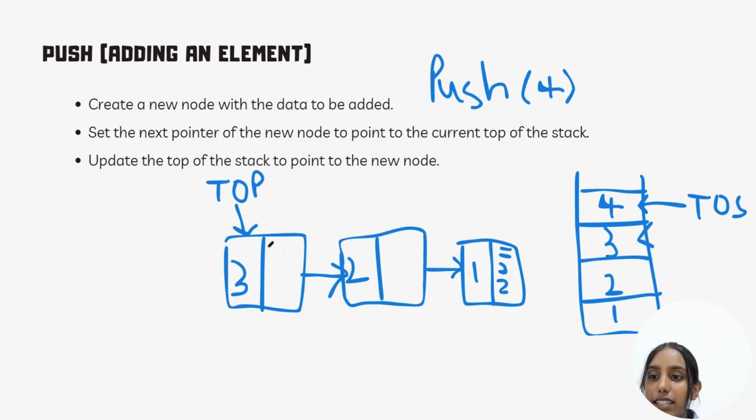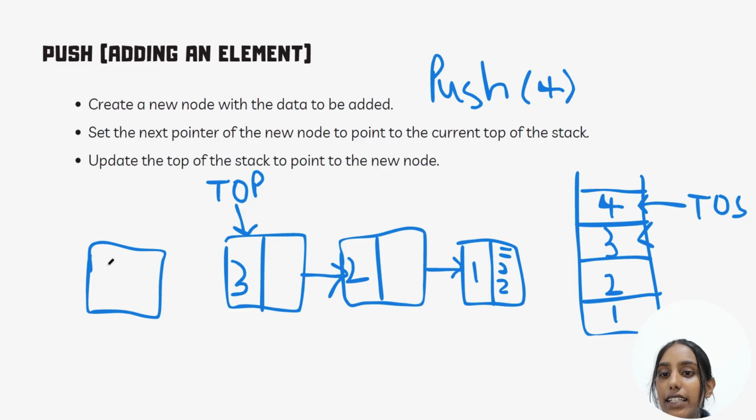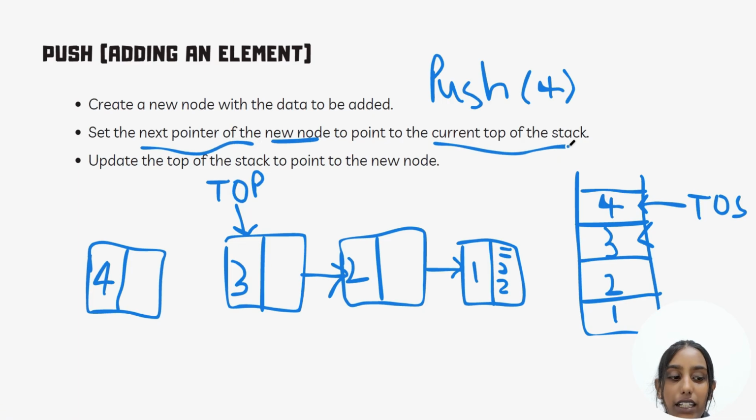So in the linked list, if we push 4, the first thing that would happen is it will create a node and then the data would be added. So the data is 4. So we have a node with the data 4, and then it would set the next pointer of the new node to point to the current top of the stack.